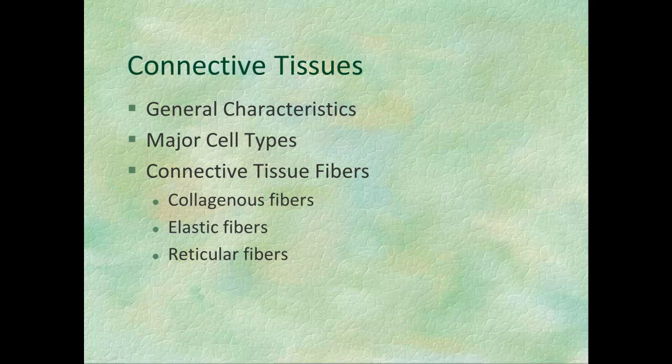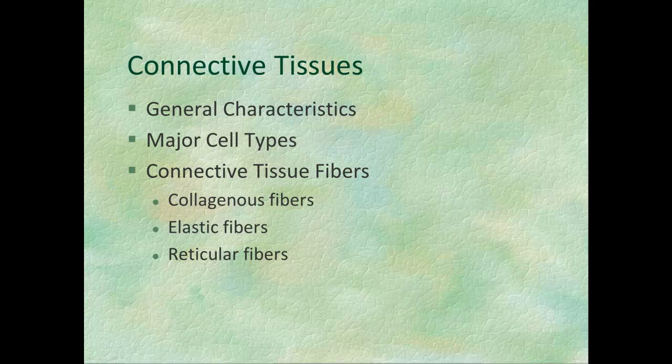Finally, we have reticular fibers. Reticular fibers are also made of the protein collagen, but instead of being very thick strands of lots of collagen protein, they're very fine collagenous fibers. So what you have is, instead of these thick ropes, you have a very fine, often network of small fibers.